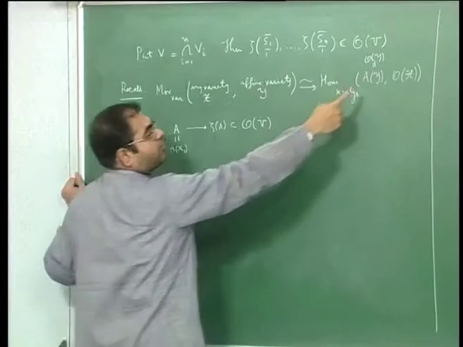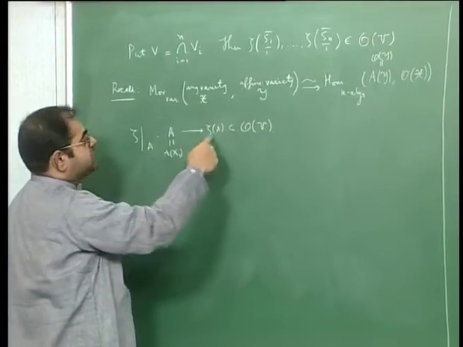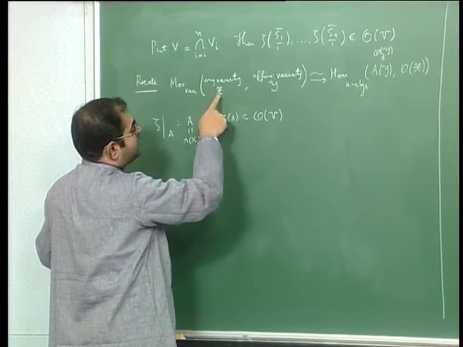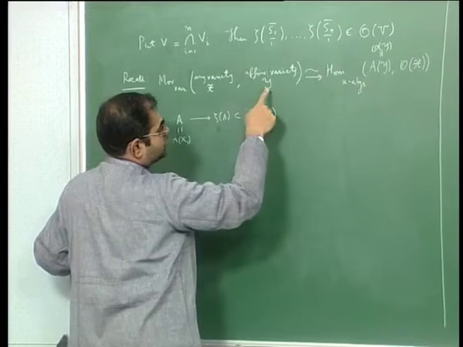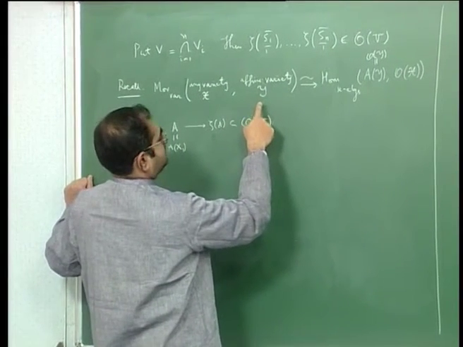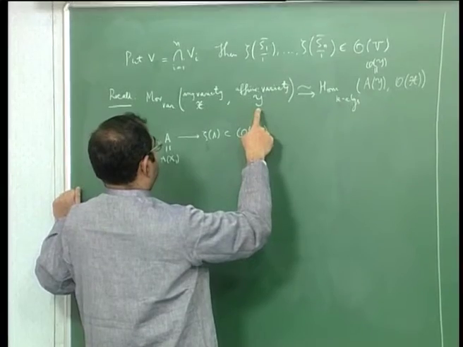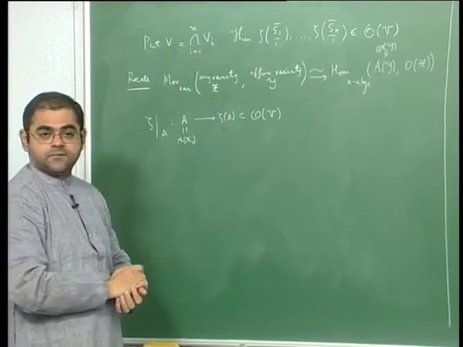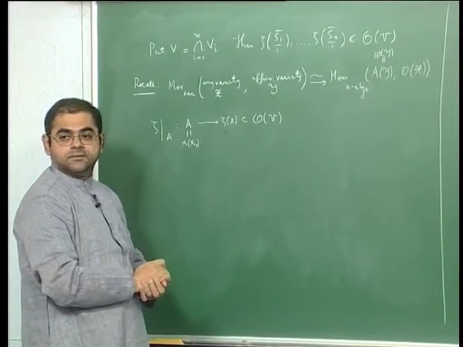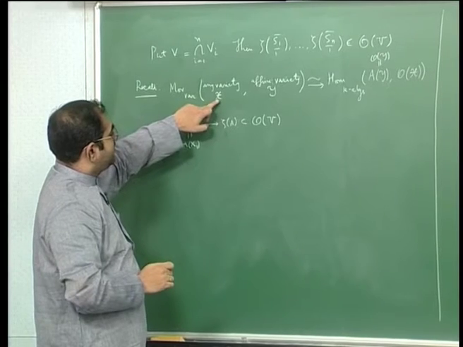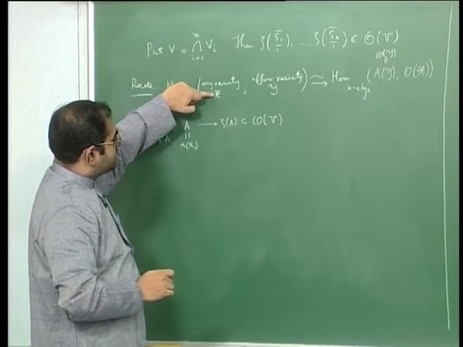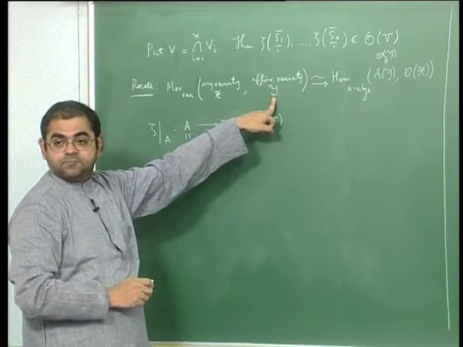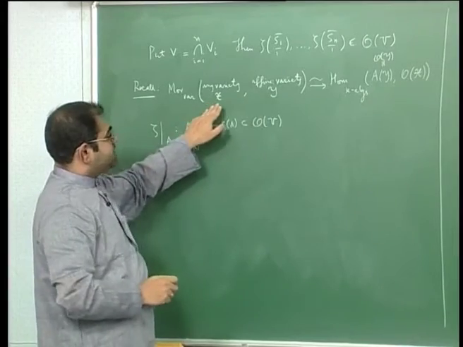If you apply this bijection, this will correspond to a morphism of varieties from V to x1, okay, alright. So you apply this with script X equal to V and script Y equal to x1, and you will get a morphism from V to x1.